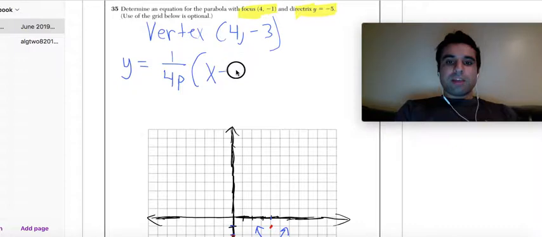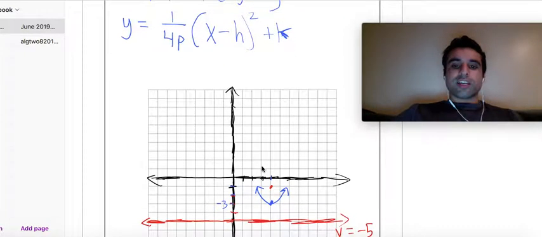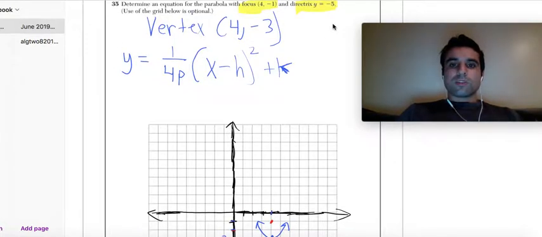(x minus h) squared plus k, where (h, k) is the vertex, and p is the distance from the focus to the vertex, or the vertex to the directrix, which is just half the distance between focus and directrix, which is 2. So p equals 2. I'm going to write that in green over here. p equals 2. (h, k) is the vertex.